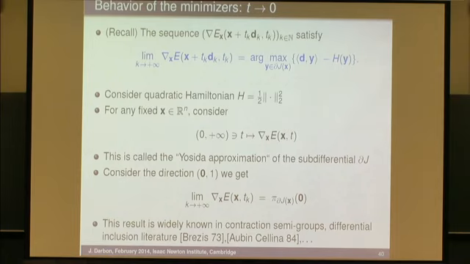So if you apply this formula for the direction 0, 1, it means x is not moving, so I stay at x, and only the smoothing parameter is going to 0, then you get this result. And this is super well known, at least in differential inclusion literature and contraction semigroups. That formula is very well known.